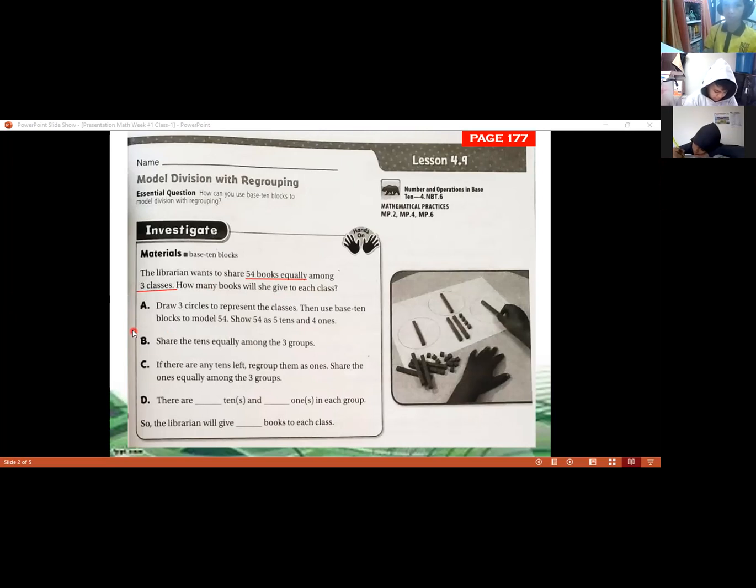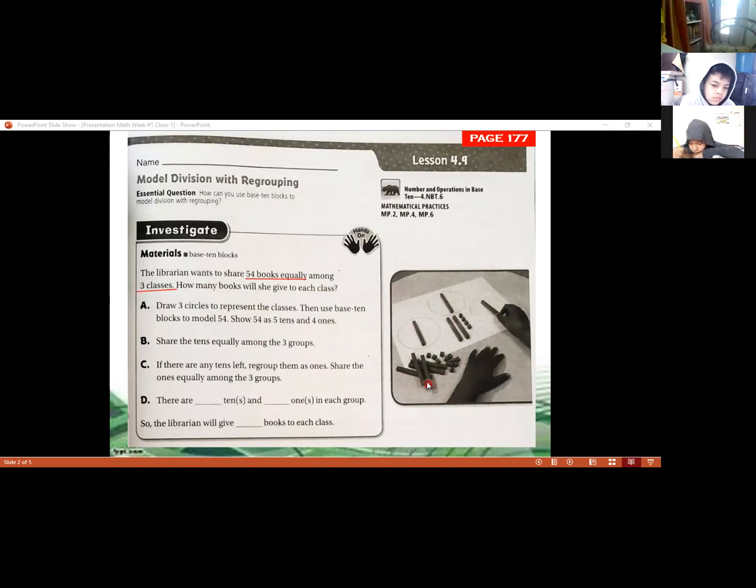So let's start with the steps. Step number 1, draw 3 circles to represent the classes. So as you can see here in the picture, she draws 3 circles to represent the classes, the 3 classes. And it says, use the base-ten blocks to model the 54.